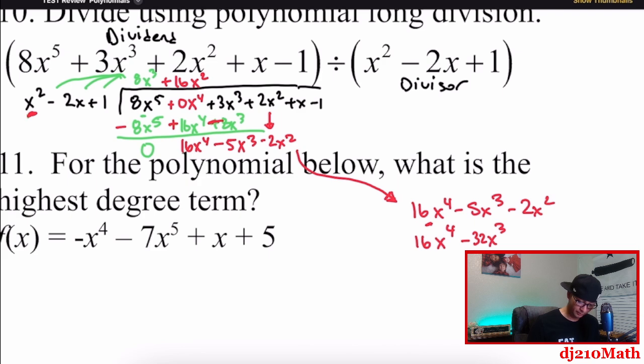And then plus 16x squared, right? Because times 1. We need to flip the signs. So minus, this becomes plus, this becomes minus. When we combine, we get 0, because 16 minus 16. Negative 5 plus 32, positive 27x cubed. And then negative 18x squared. We bring down the x.